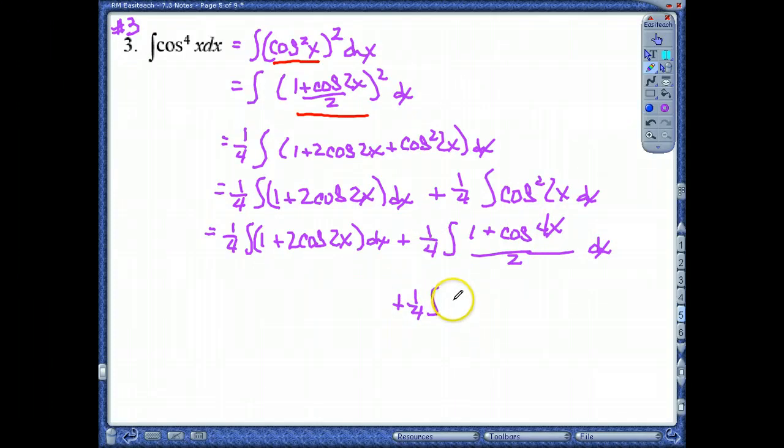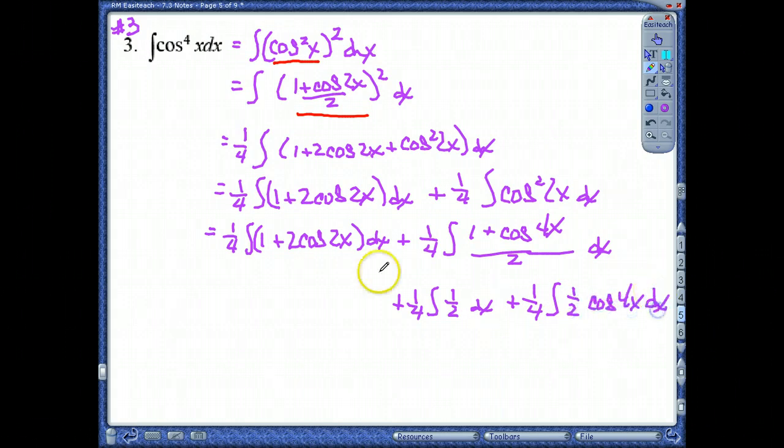Okay, so this integral right here, the second one, I'm going to go ahead and separate it. So I have my 1/2 here, dx. It's 1/2 cosine of 4x dx. And then I have all of this stuff right here.